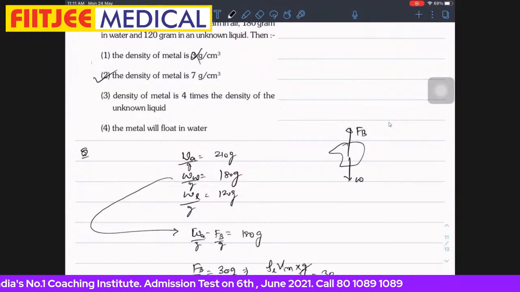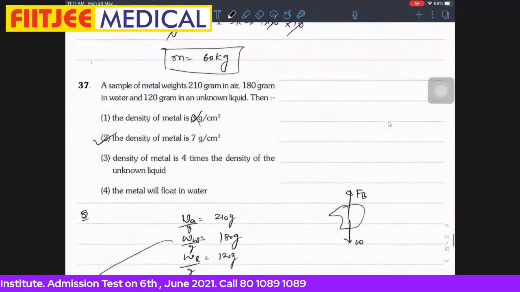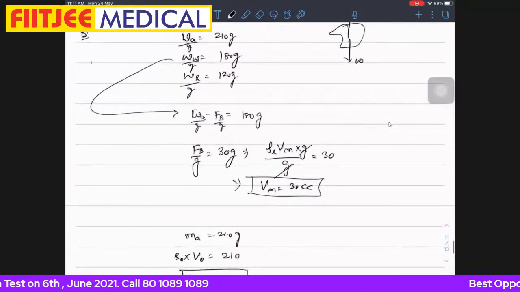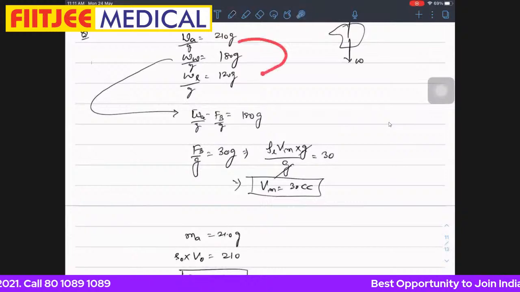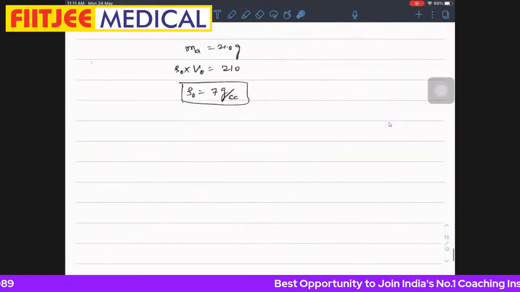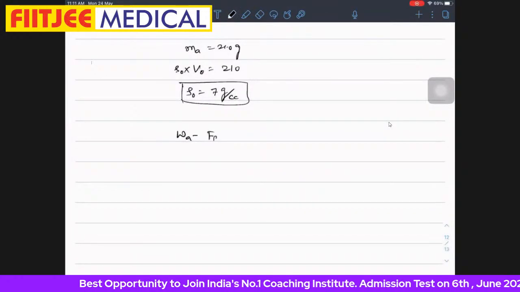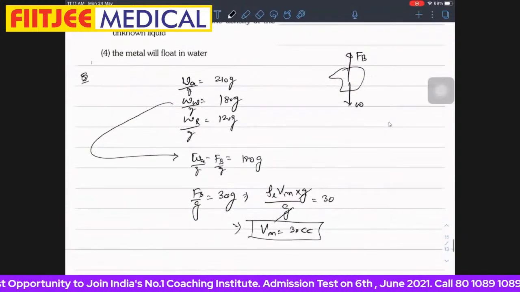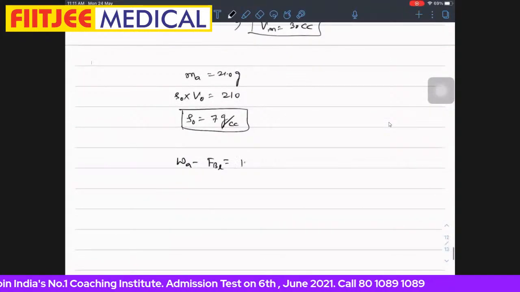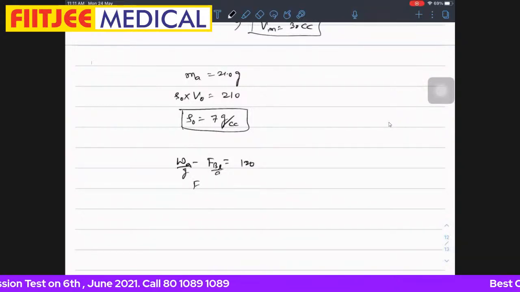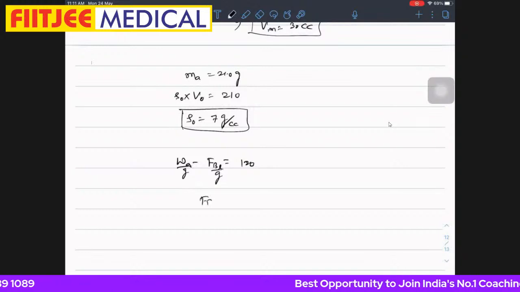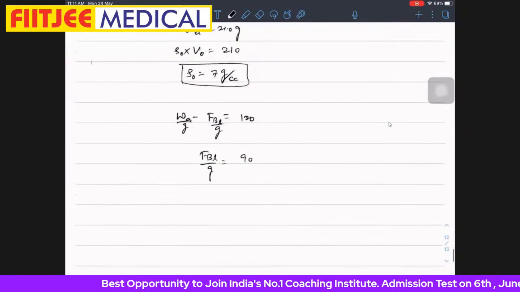The next statement says the density of metal is 4 times the density of the unknown liquid. Let's check what the density of the unknown liquid will be. If I compare these two terms, what can I write? WA minus FBL is given as 120 gram by G. So the buoyancy force in the liquid by G will come to 90.